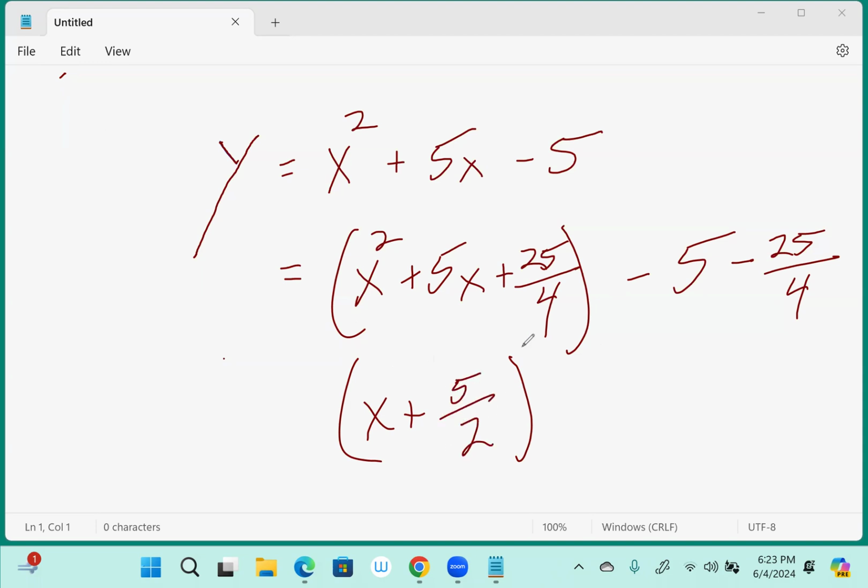Really, in math, 5 halves squared. Then minus. Here it would be easier to subtract 2.5. Well, yes and no. I can just make that 20/4, and now it's easier to do. That's minus 45/4.